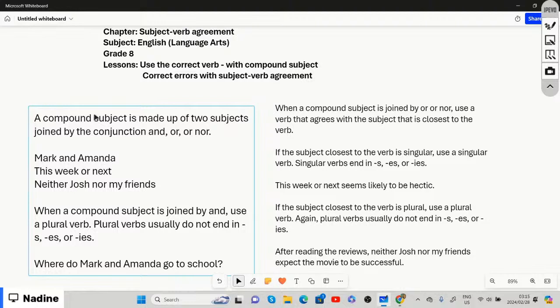And when the subject closest to the verb is plural, then our verbs do not end in s, es, or ies.